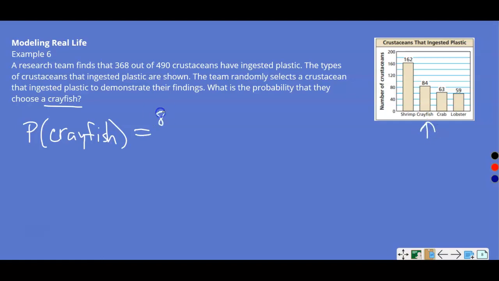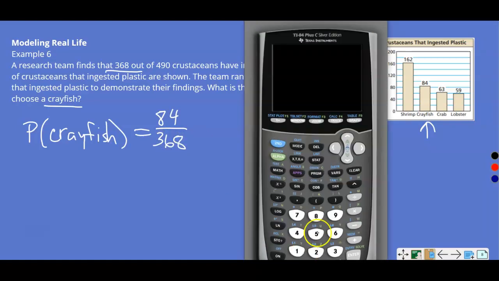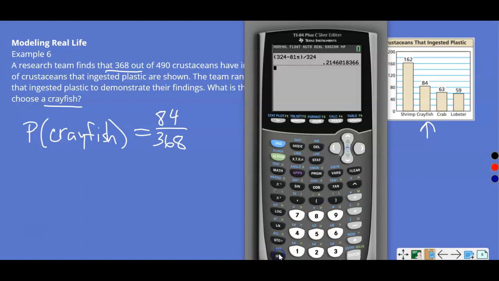So it'd be 84. And it says the team finds 368. So I'm guessing if we add up these numbers here, that's going to be a total of 368. All right, so we can see what that probability is. Let's say 84 divided by 368.